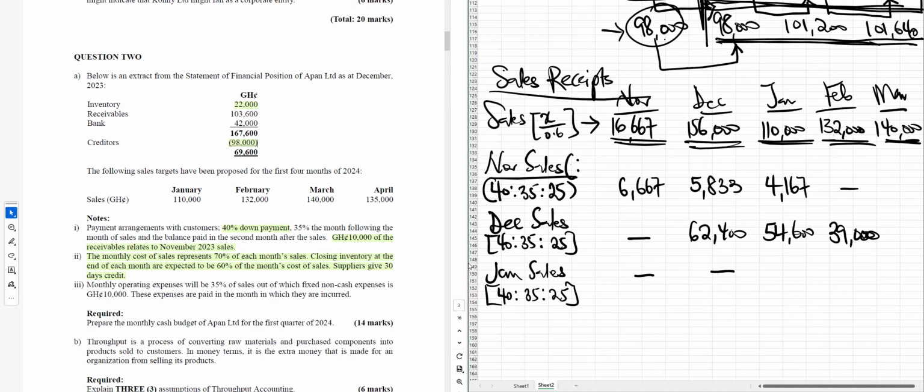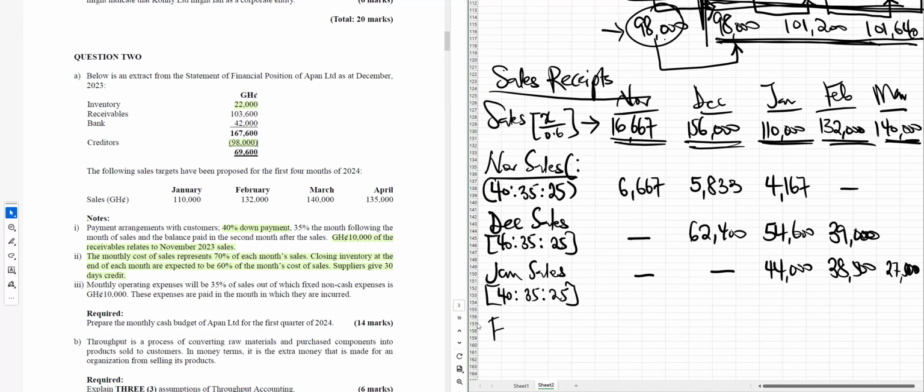And that how much? 0.4 by 110,000. That's 44,000. And then the next 35%, 38,500, right? And the next 25%, 27,500.